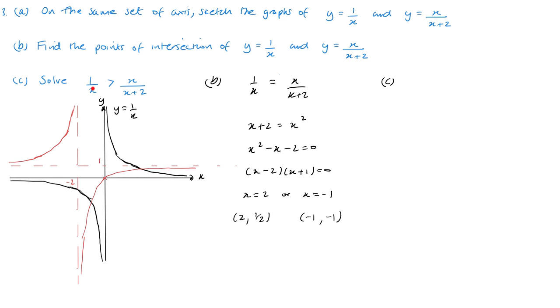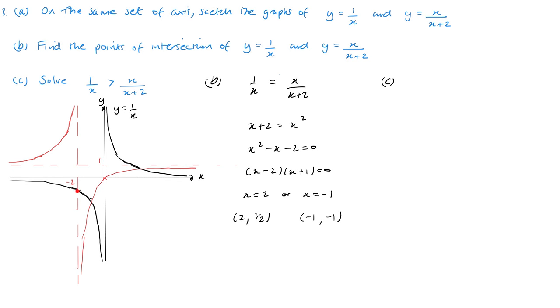So we want when 1 over x is greater than this. So 1 over x is our black graph. So we want when our black graph is greater than our red graph. So from -2 down, the red graph is greater, so that isn't going to help.